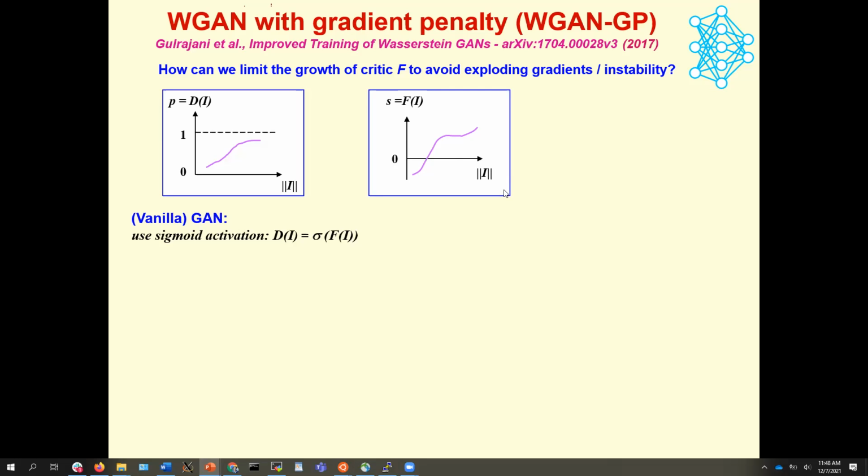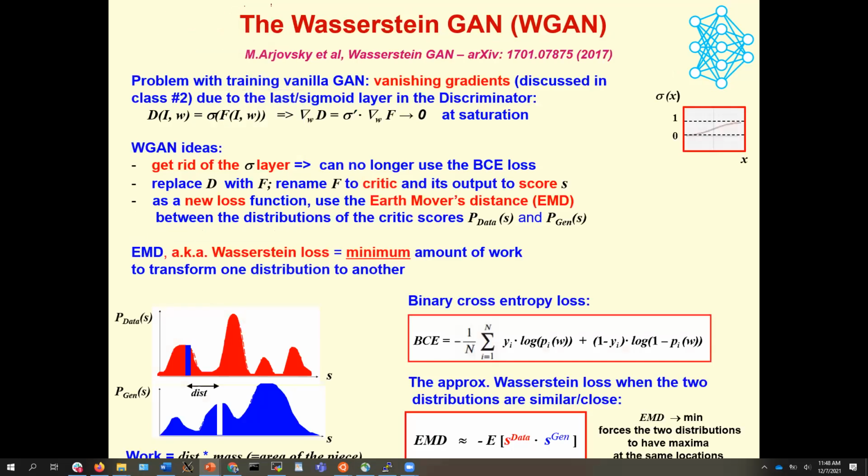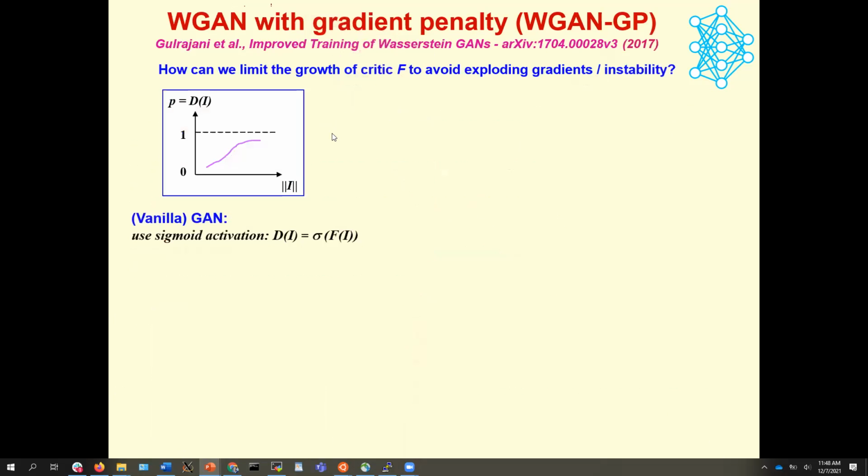What does the double bar mean? Do you mean I is a norm? Next slide. Oh, next slide. For the x-axis, you mean the absolute of I? Yeah, I just show a schematic.